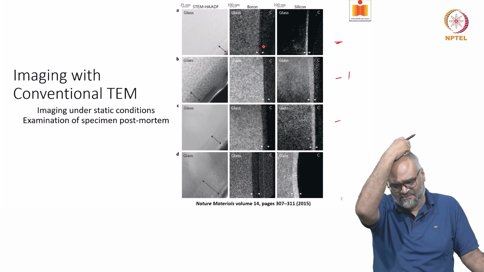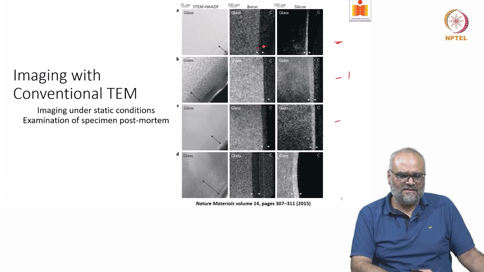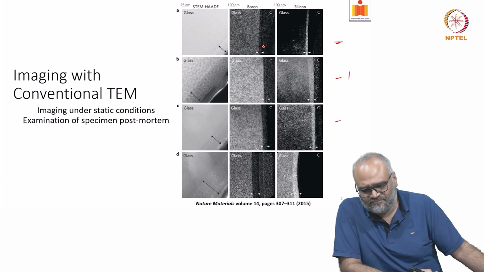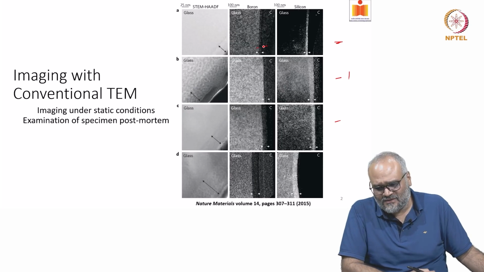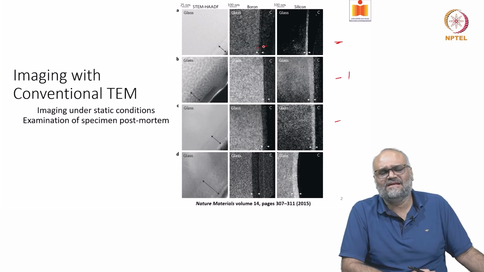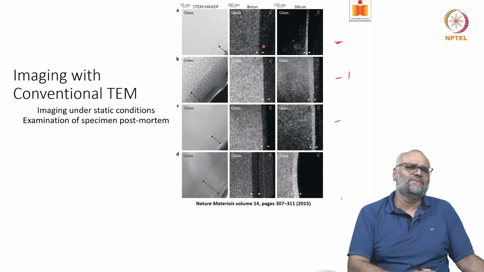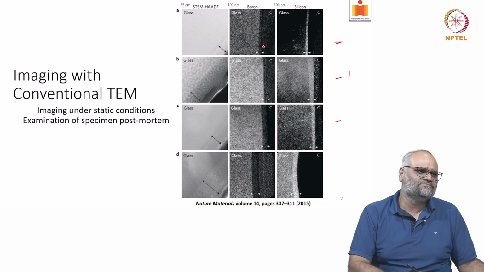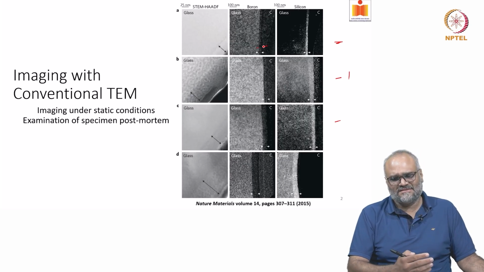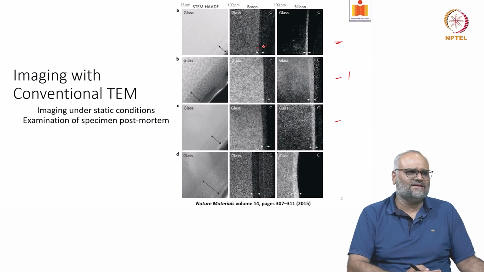So here is an example of application of electron microscopy techniques to reveal details where you would not quite often think that there would be corrosion of glass at all. So this is post-mortem analysis, and this is imaging under static conditions.